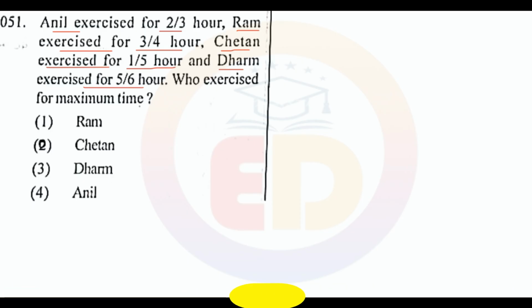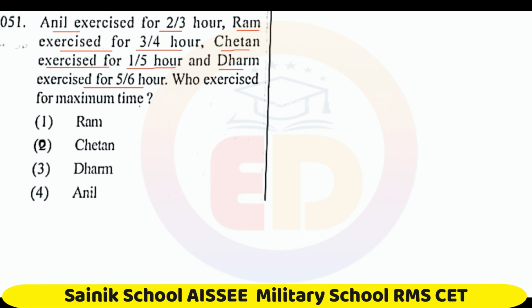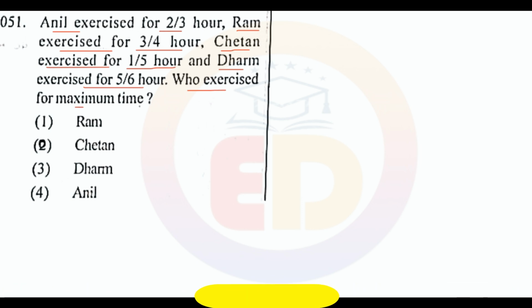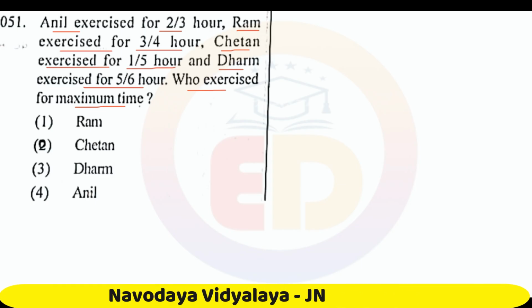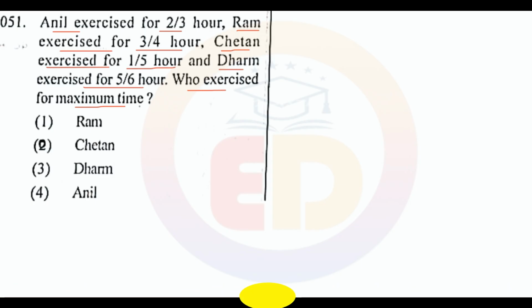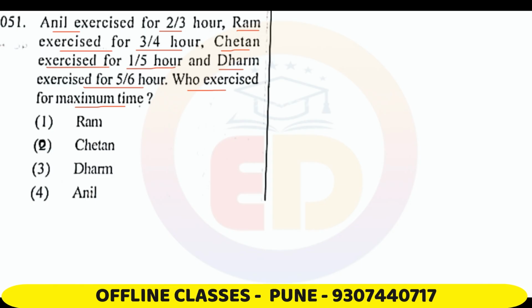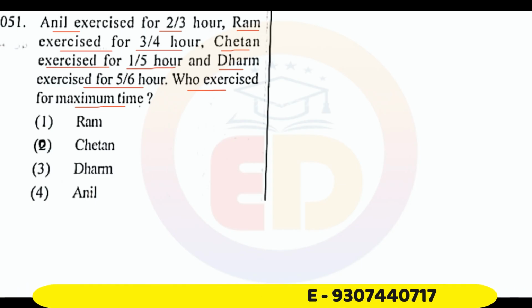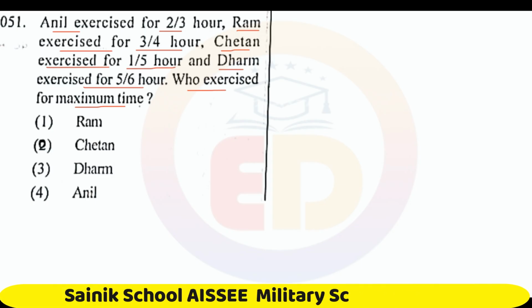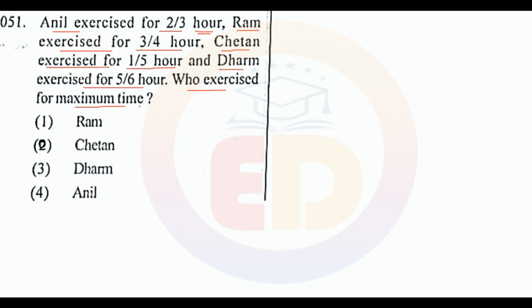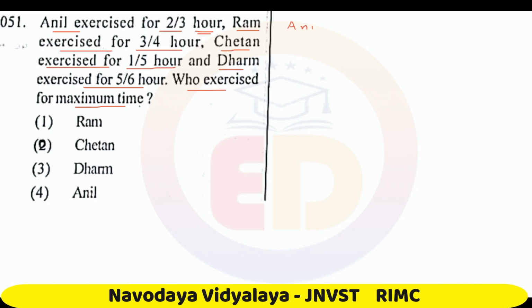So, two ways of solving this question. They say who exercised for the maximum time. Either you compare all of these by using the comparison of fractions approach, or we can convert this value which is given in fraction into minutes.